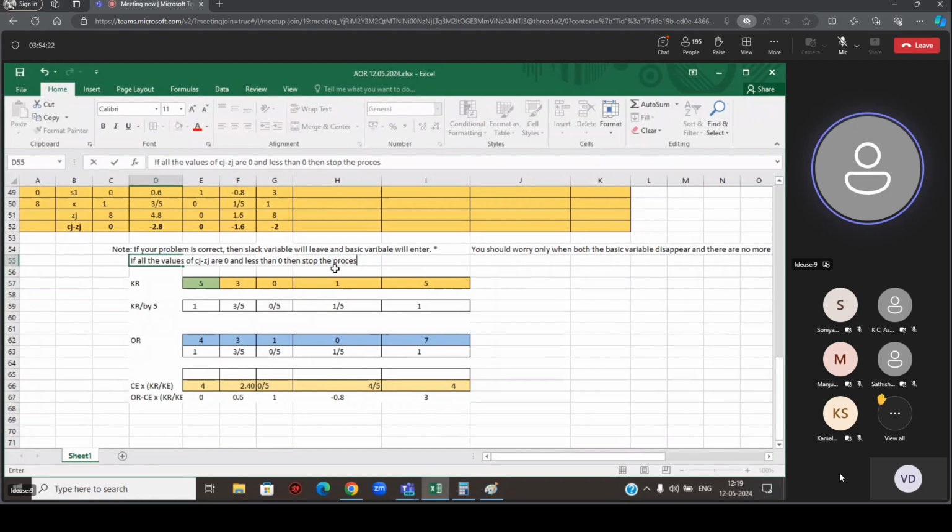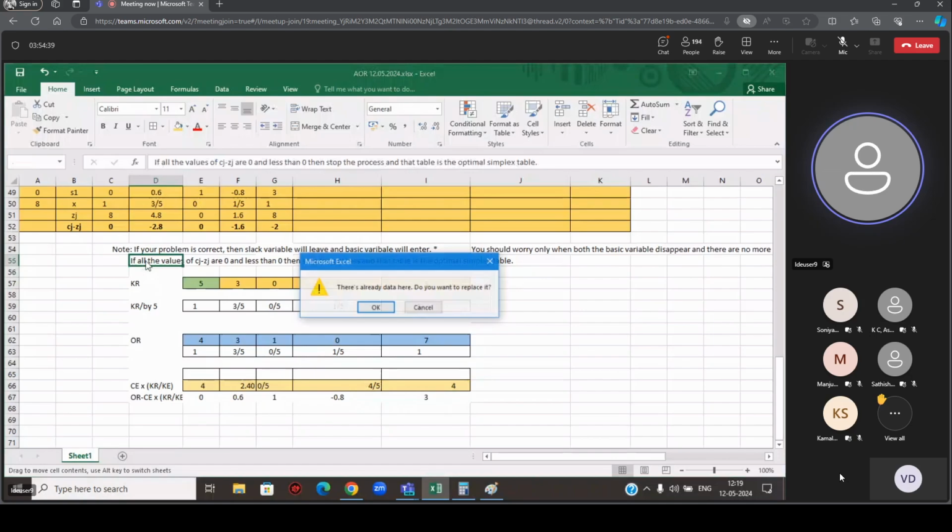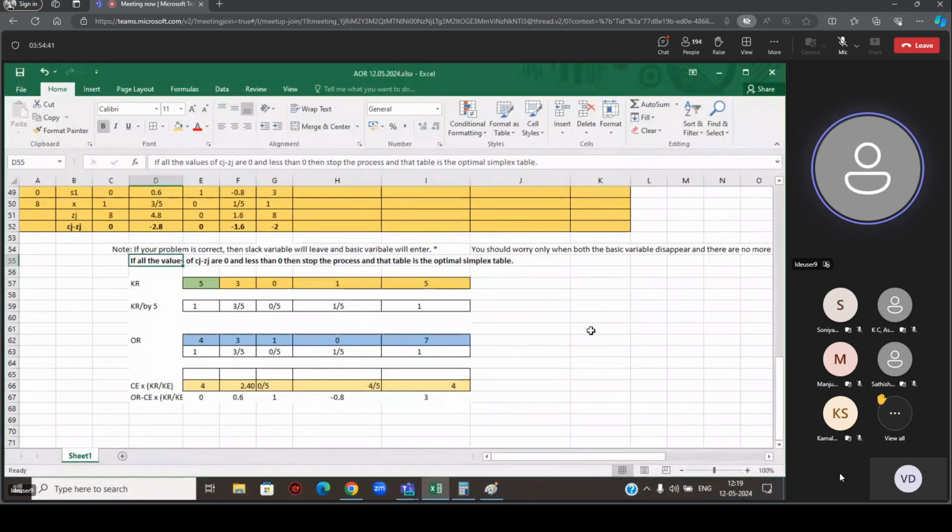Stop the process, and that table is the optimal simplex table. You have to stop the process. Many people will ask, how many times do I have to do this process? You have to do the process till you get Cj minus Zj as 0 and less than 0.